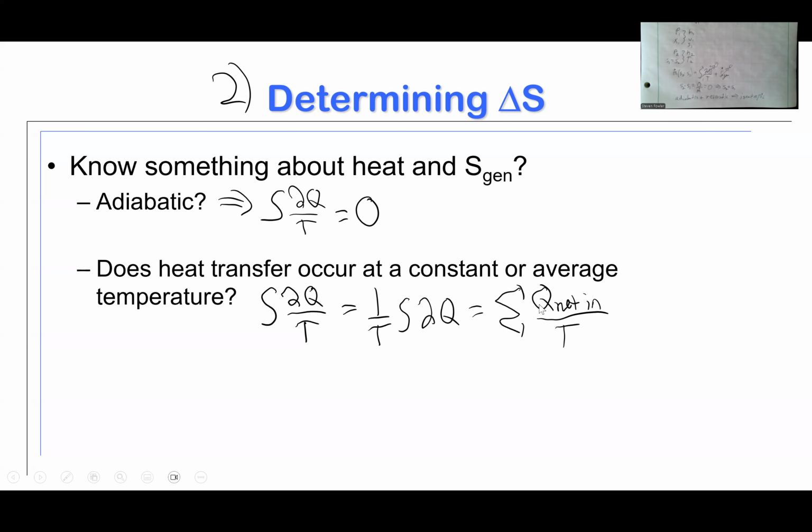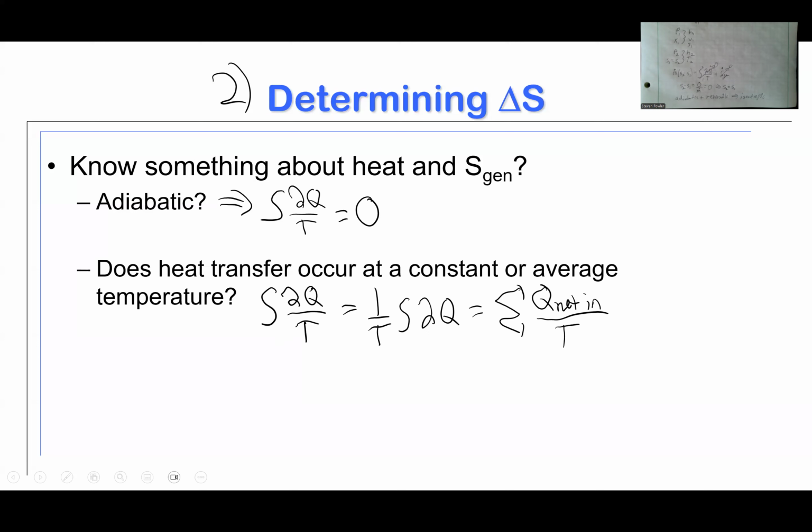If I have heat transfer in this class, it's going to be occurring at a constant temperature, or I'm going to have some other tool for trying to quantify this integral. In the rarest case, I think there's actually a problem in the homework where it basically gives you this heat transfer over temperature. I think it says something about the environment gains entropy at some rate, and they're basically telling you this quantity when they give you those words.